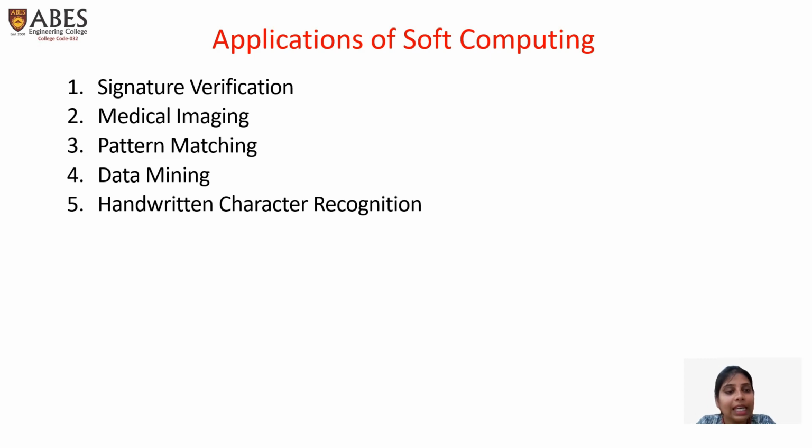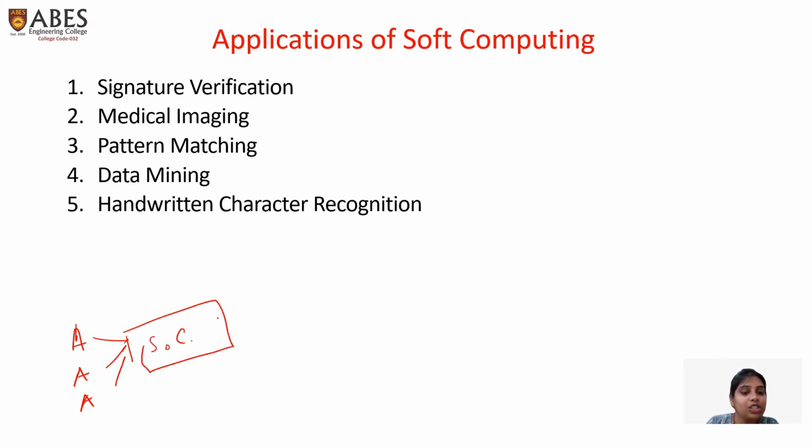For example, many people may write the same value, but it can be written in different forms. Here a soft computing model is used and it gives the output that this is the correct one. So this is handwritten character recognition, an application of soft computing.